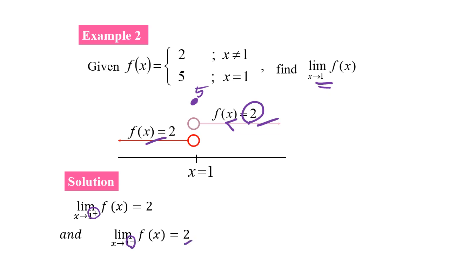We are not taking the value exactly at x; we use the function approaching the value of x. So since the limits from the left side and from the right side are both equal to 2, the limit exists, which is the limit of f(x) as x approaches 1 equal to 2.